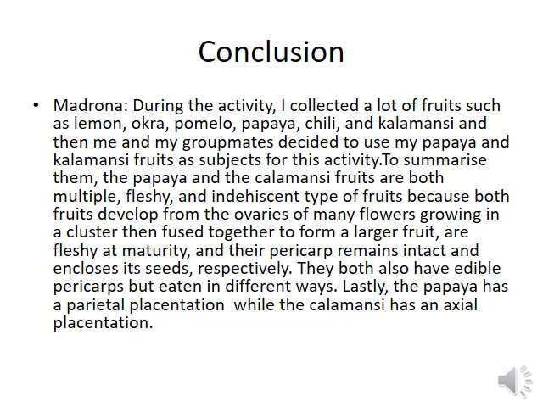They are fleshy at maturity, and their pericarp remains intact and encloses its seeds, respectively. They both also have edible pericarps but eaten in different ways. And lastly, the papaya has a parietal placentation, while the calamansi fruit has an axial placentation.